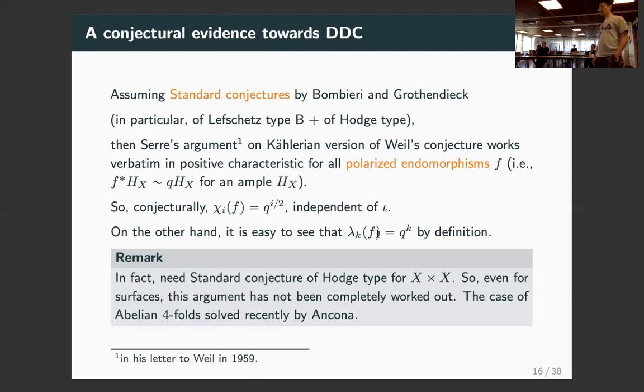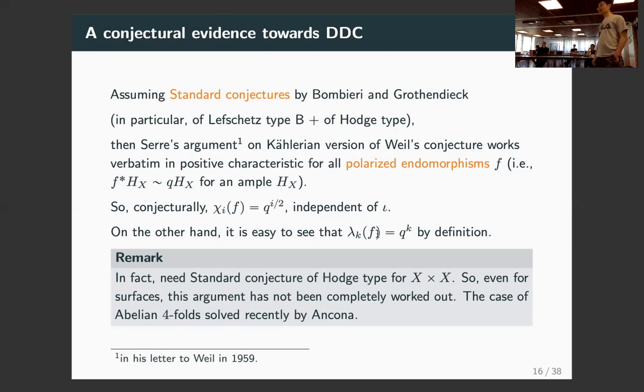So for surfaces, this argument hasn't been completely worked out, because for surfaces you need to consider fourfolds, as Joseph mentioned. Just the case of Abelian fourfolds is quite new.